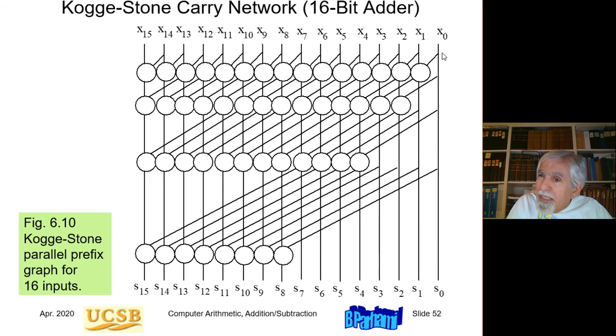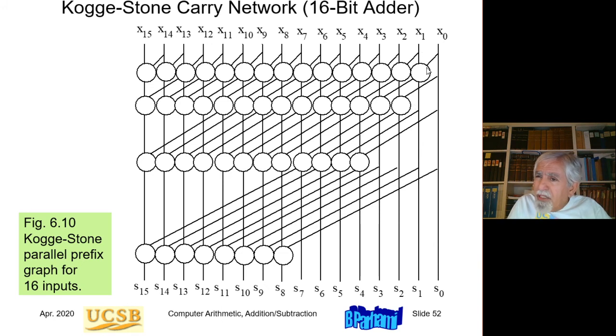All adjacent pairs are added to each other, not just x0 and x1 and x2 and x3, but also x1 and x2. And then the pattern here is that the top row is missing a circle at the right. The next row is missing 2 circles. The next one 4 circles. And then the next one 8 circles. So that's the pattern.